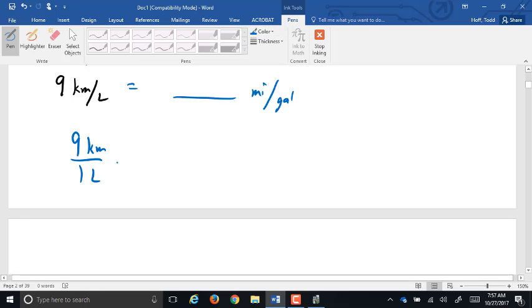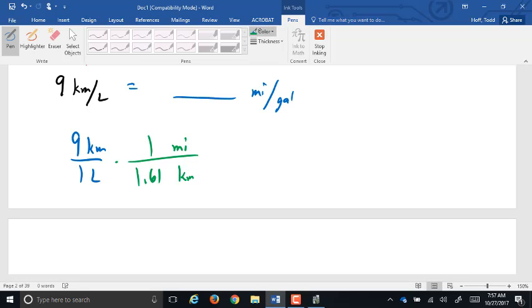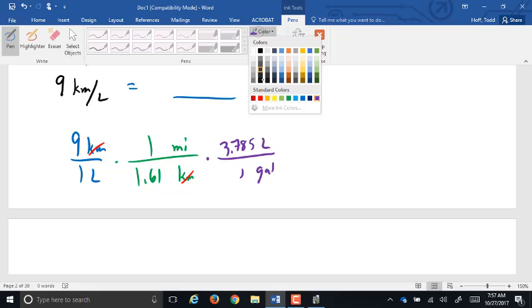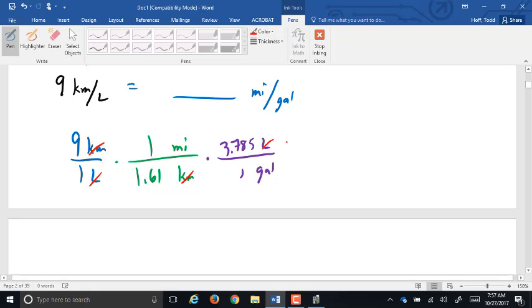So we have to get rid of the kilometers. Going into miles, 1 mile is 1.61 kilometers. Kilometers are gone. Have to get rid of the liters. Going into gallons, 1 gallon is 3.785. So the liters are gone. So on top here, we've got 9 times 3.785.